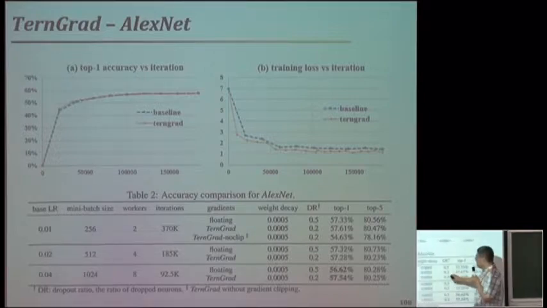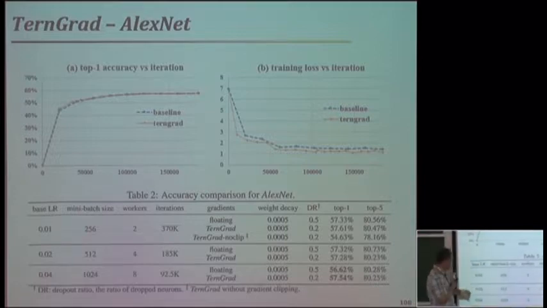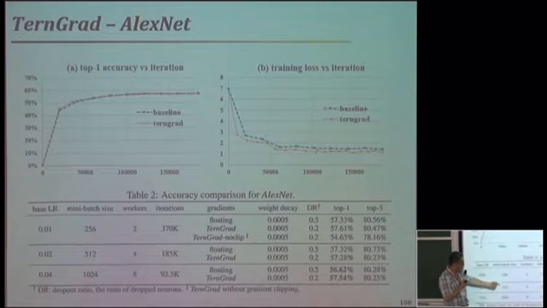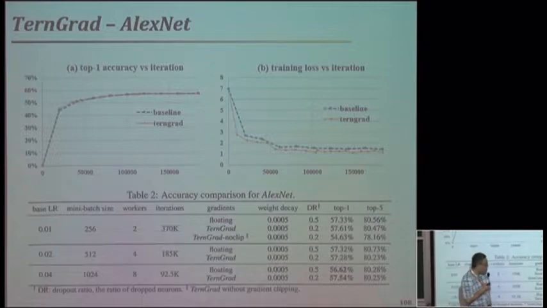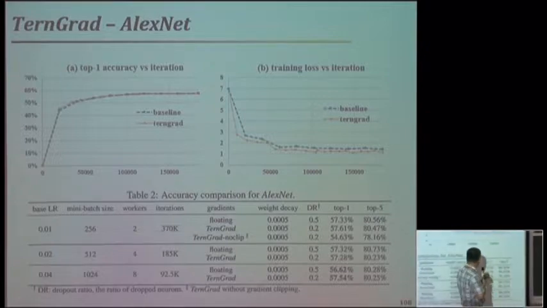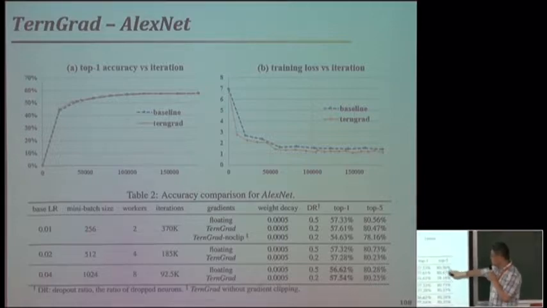And AlexNet is pretty large. It's based on learning rate, I will show here. And the mini batch size will be different, but we keep the same batch on each worker. You will find the canary gradient is pretty much similar to the original design.